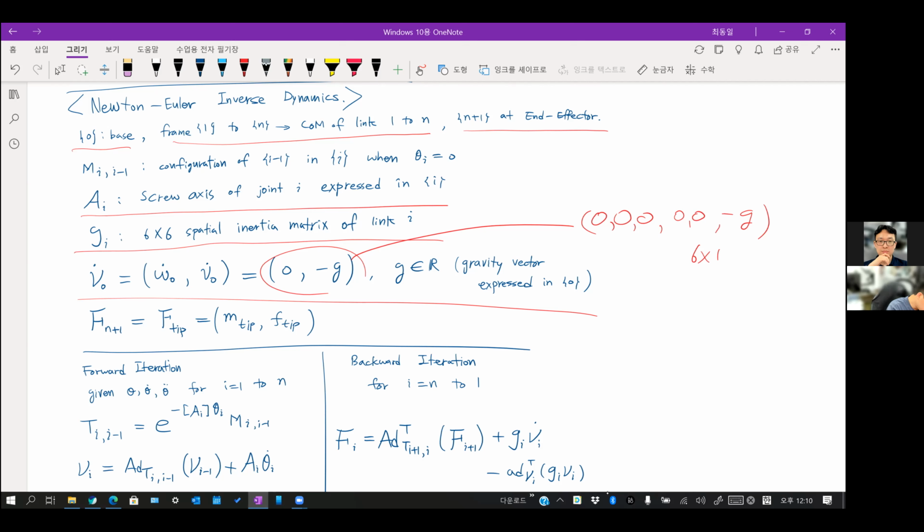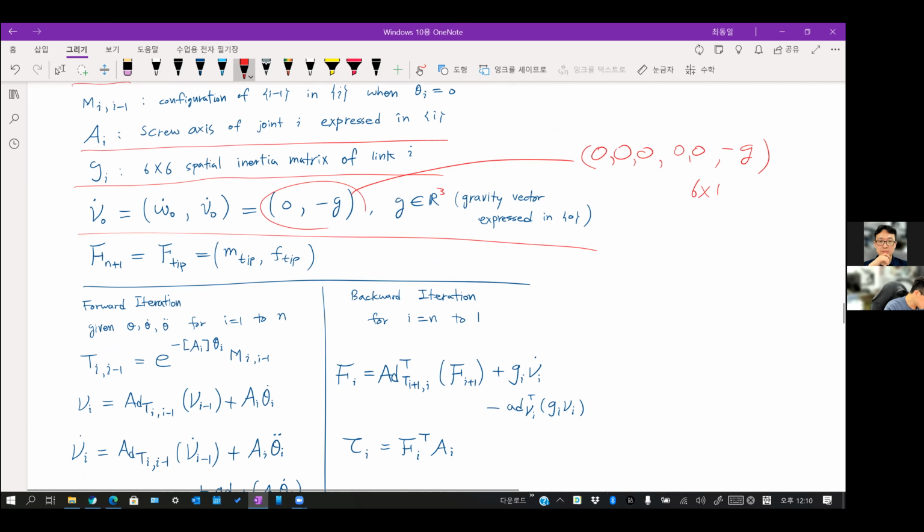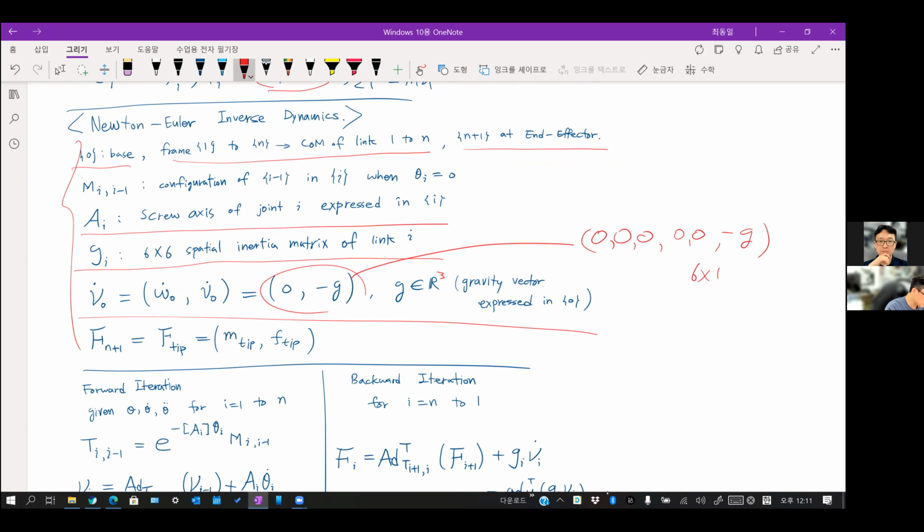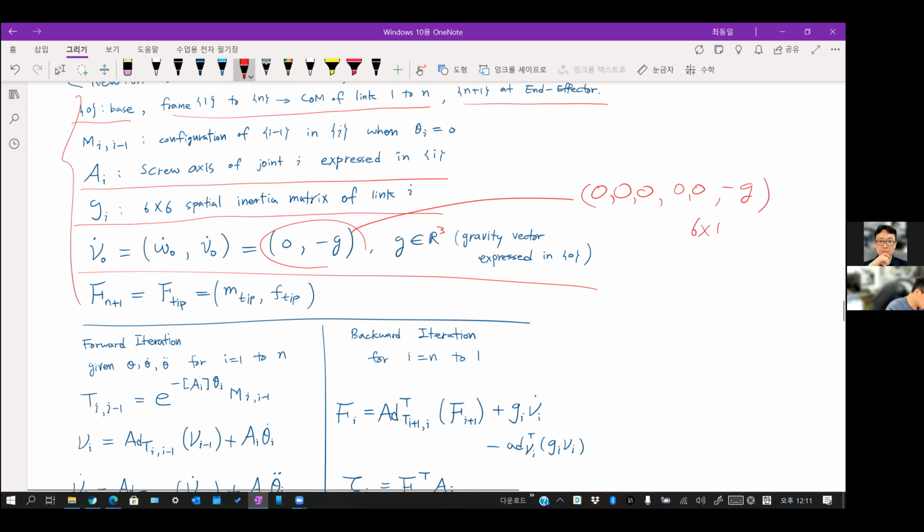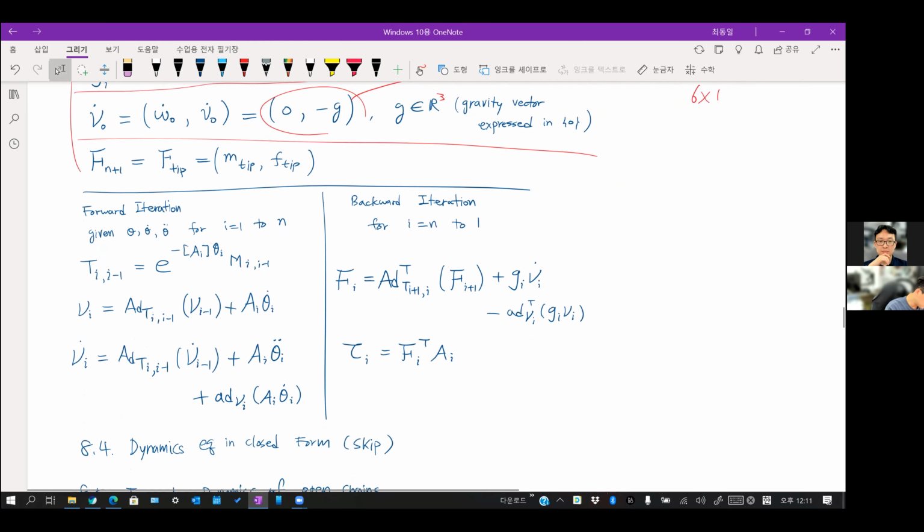Yeah, this one should be 3. Okay. And then this one is the spatial force on the tip. If there is this force, we have to define this one first.